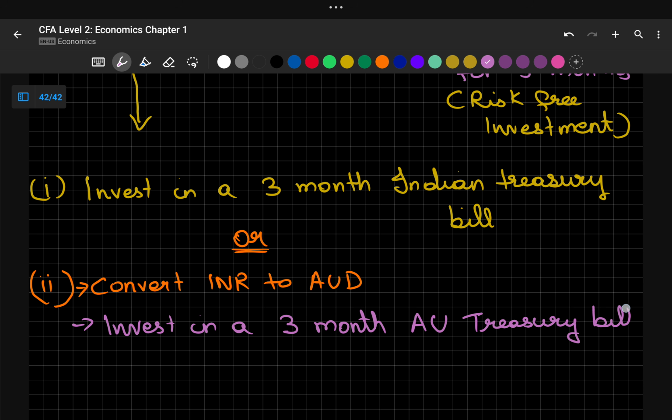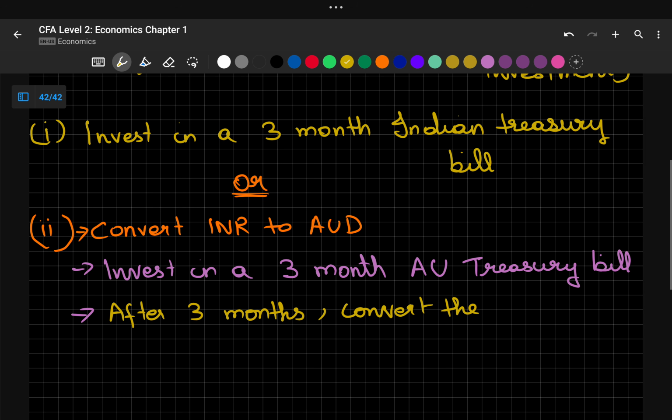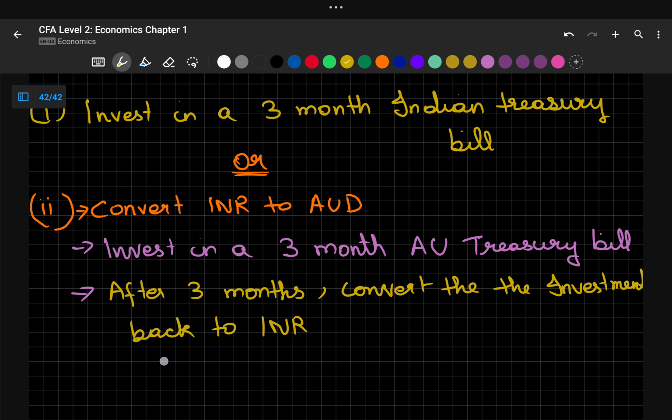After 3 months, once he gets the required return, he converts the principal and return amount back to INR.